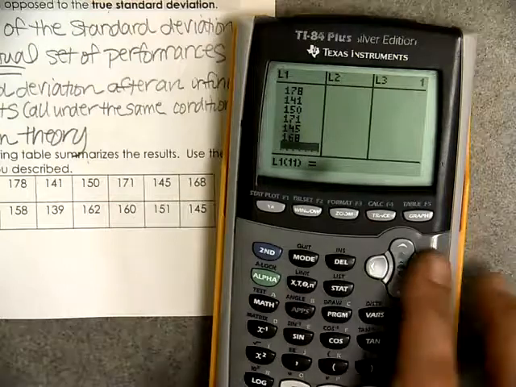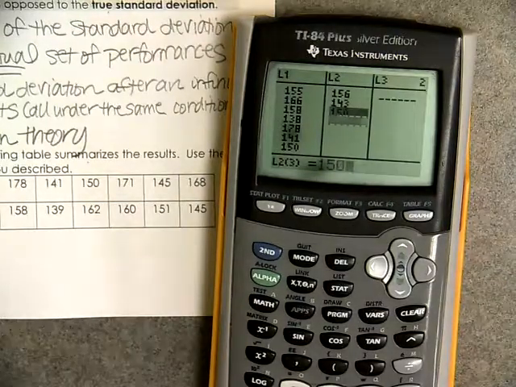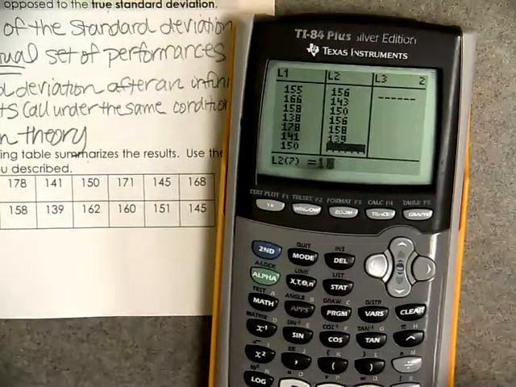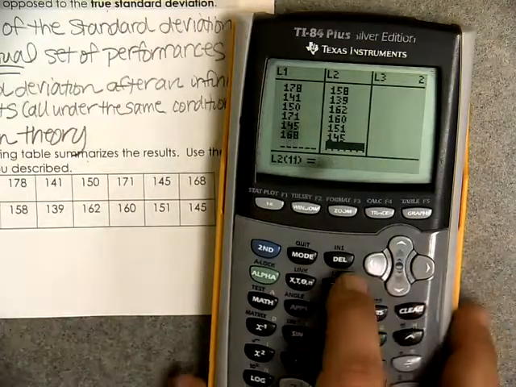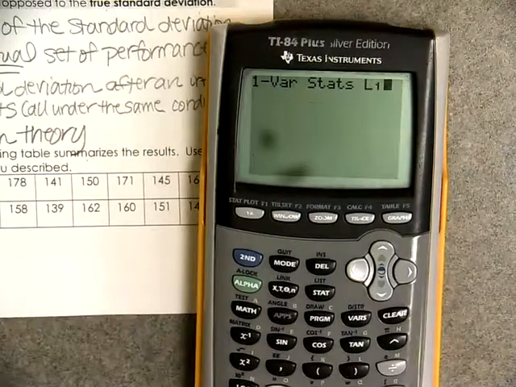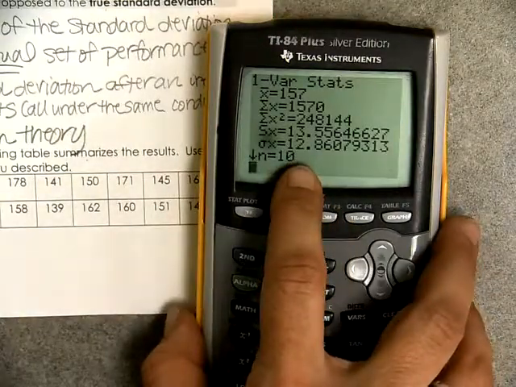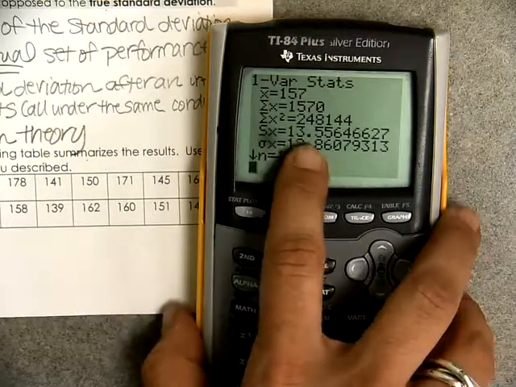Okay. And I'll put the new club in list 2. And then remember, we go to stat calc in our one variable stats. First I'll do L1. And I see that the current standard deviation is 13.56.